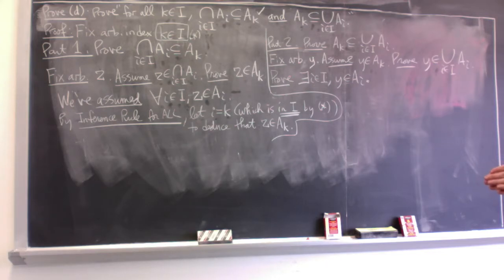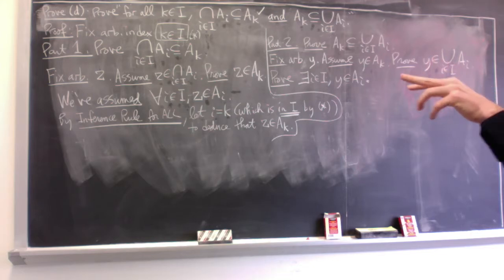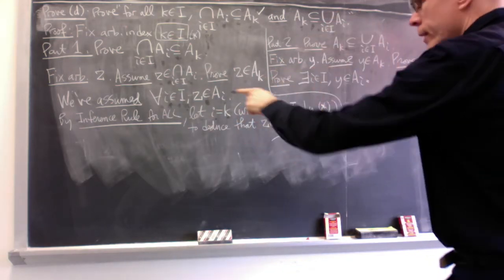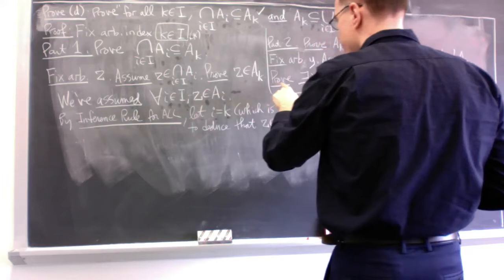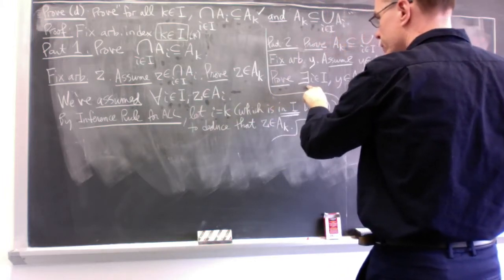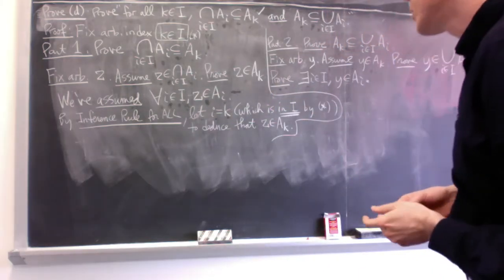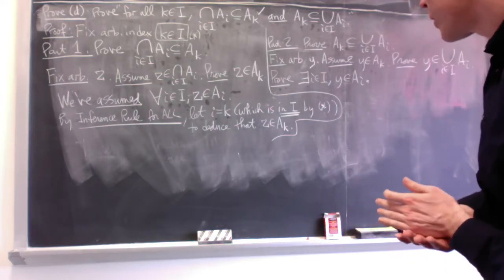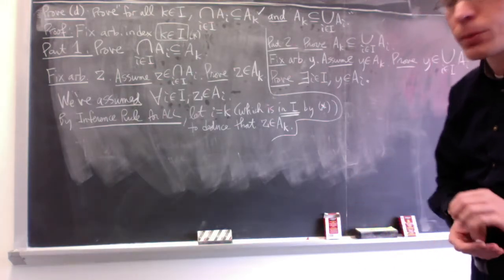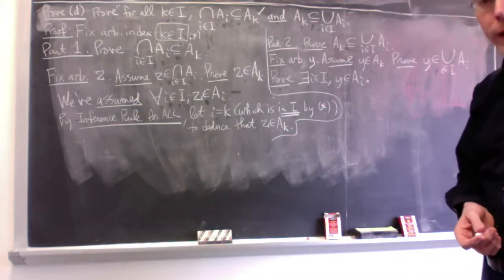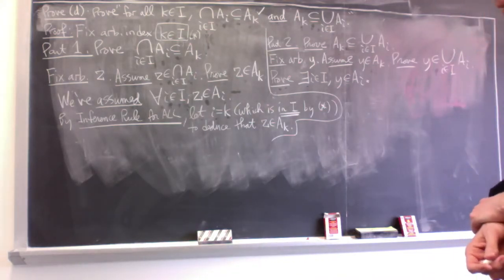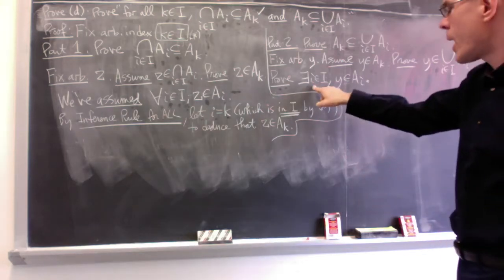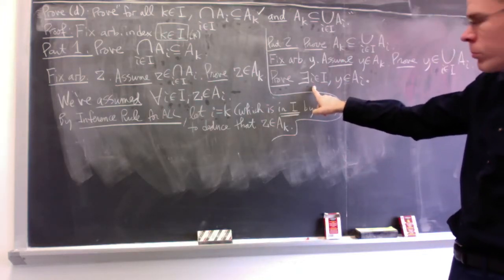Okay. And now, again, this idea of different types of quantifiers, are they assumptions, are they goals? Here we had an assumed universal. Here we have a to-be-proved existence statement. So we need that proof template, which, as you should remember, when you're proving an existence statement, you, the proof writer, have to choose an example of an I that works, whatever that means.